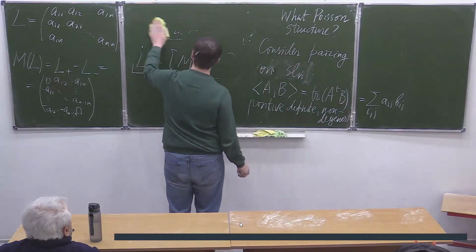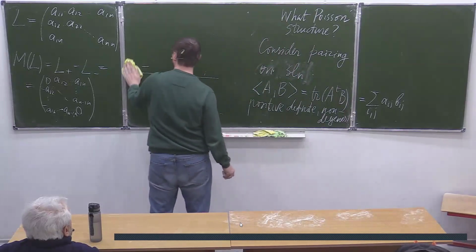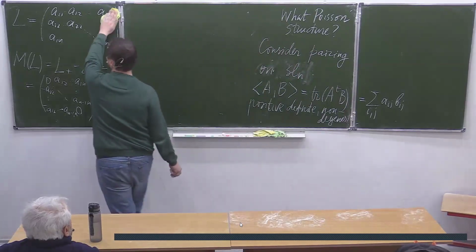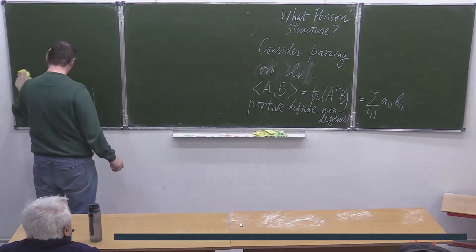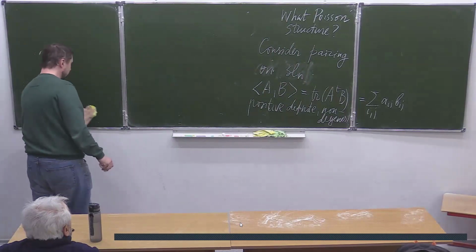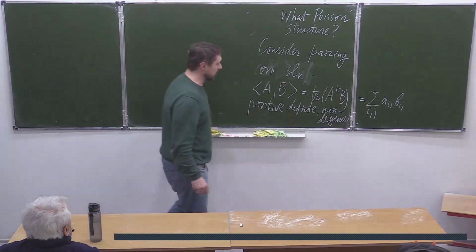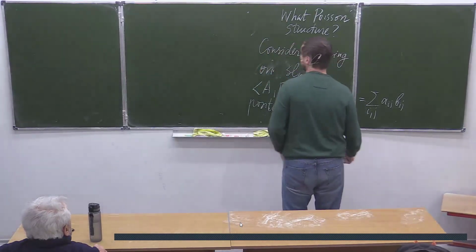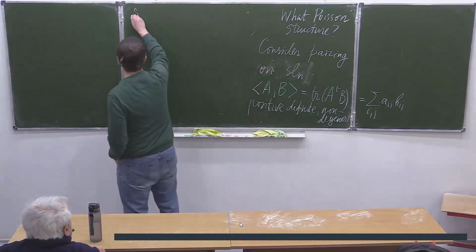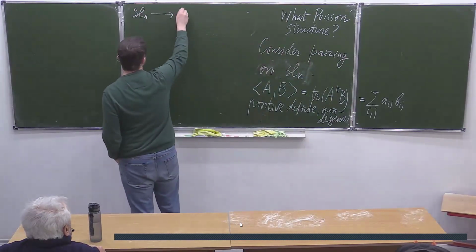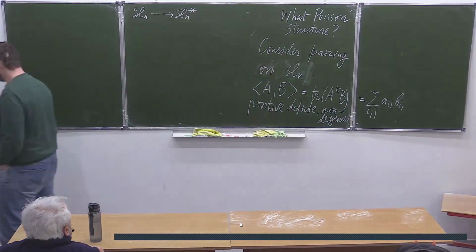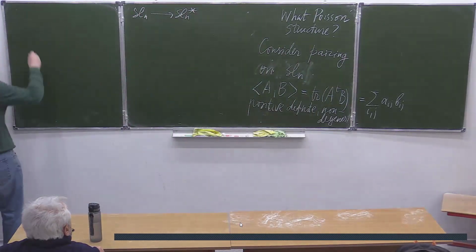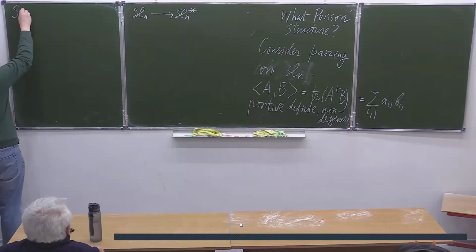Let us consider now the space. When we have a positive definite, or even just non-degenerate, pairing on a space, we have a map from sl_n to sl_n star. Let's take the space of symmetric matrices.